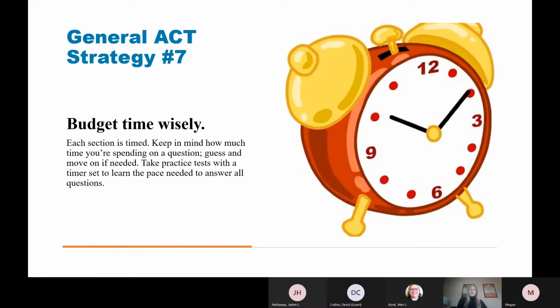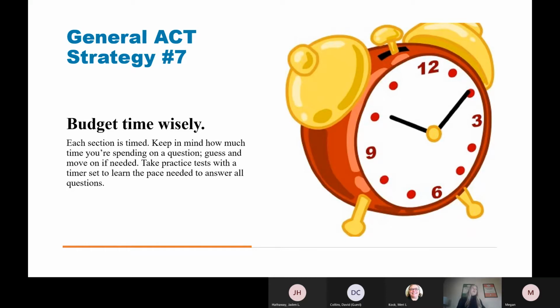Budget your time wisely. Each section is timed. Keep in mind how much time you're spending on a question. Guess and move on if needed. Take practice tests with the timer set to learn the pace needed to answer all the questions. And we're going to come to this at the end.